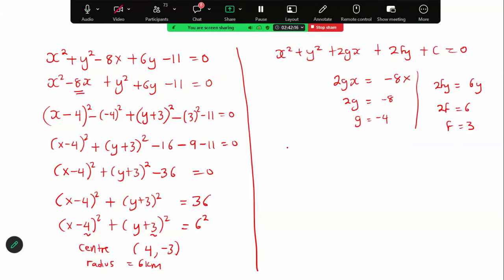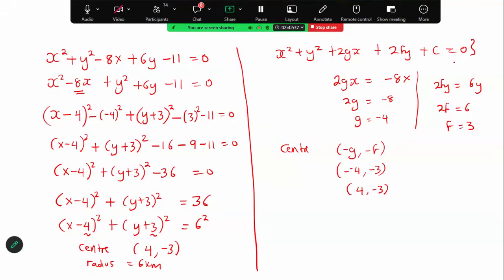So here you'll come and you tell us that now my center is going to be negative g, negative f. So this is going to be negative 4, negative 3, which is still 4 and negative 3. As long as you know the standard equation, you can work it that way in case you want.